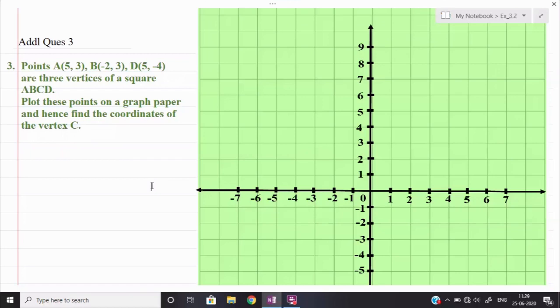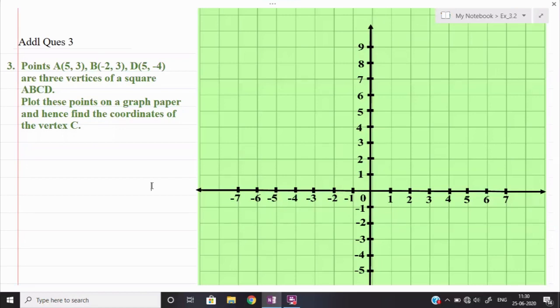Plot these points on a graph paper and hence find the coordinates of the vertex C. This means we have to plot these 3 points on the graph paper, then join them, okay. The fourth vertex, actually the third in the sequence, is the one whose coordinates we need to find out. So let us see how this question can be done.